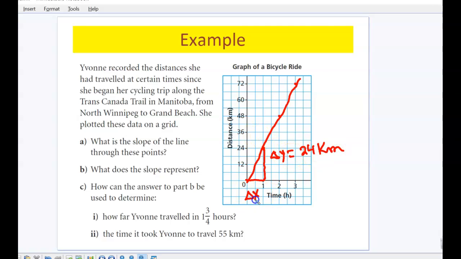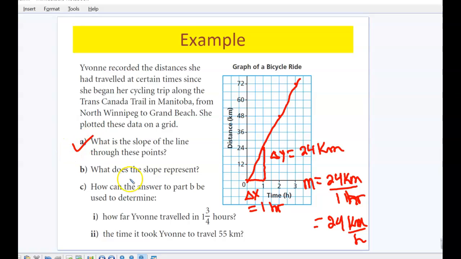And my change in x would be 1 hour. So my slope would be 24 kilometers over 1 hour, which means she is traveling 24 kilometers per hour. So what does the slope of this line, the slope we figured out in part A already, represent? Well, this represents her speed.